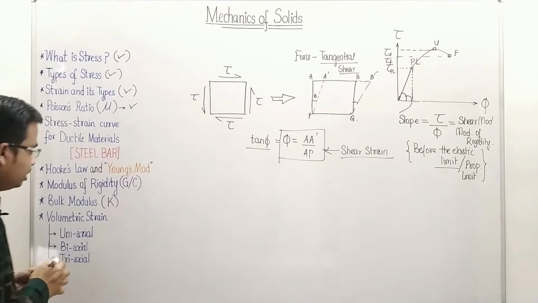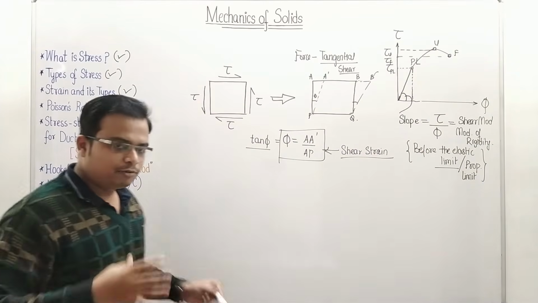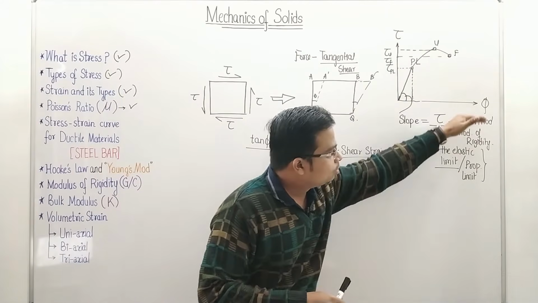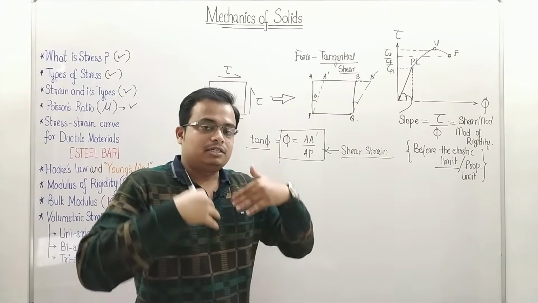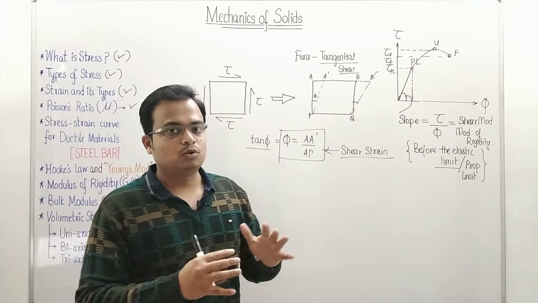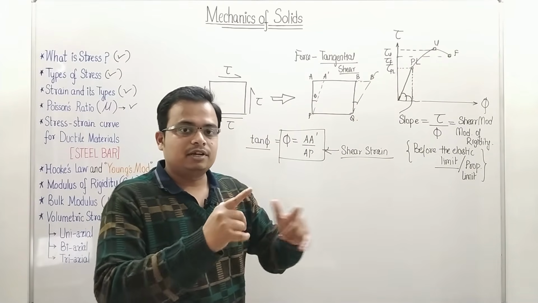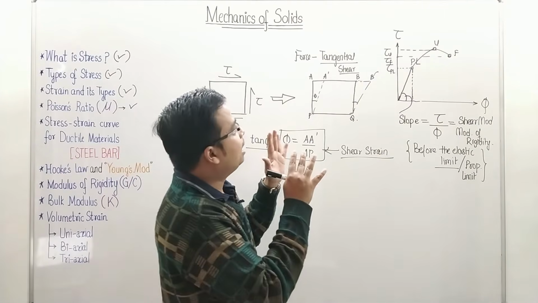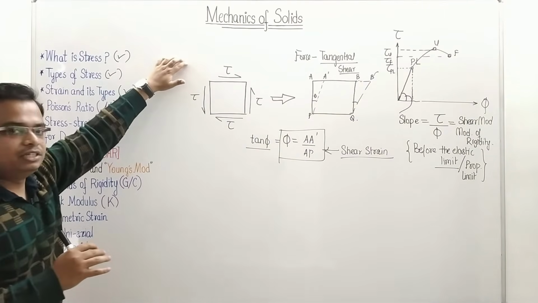If I were to tell you the definition of modulus of rigidity, it would be like this. It is the ratio of shear stress to shear strain. The ratio of shear stress to shear strain is represented by a constant which is known as modulus of rigidity, also known as shear modulus, because the force that we are considering is of a shearing nature. That's the entire idea behind modulus of rigidity.